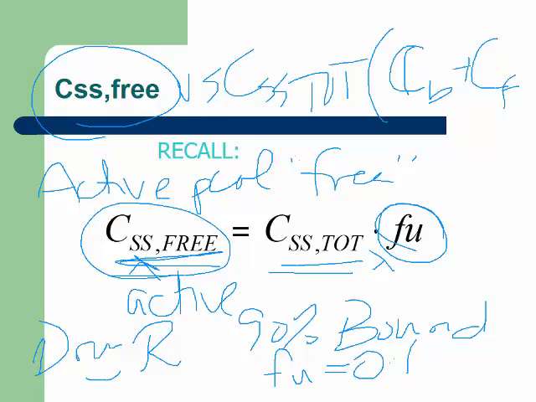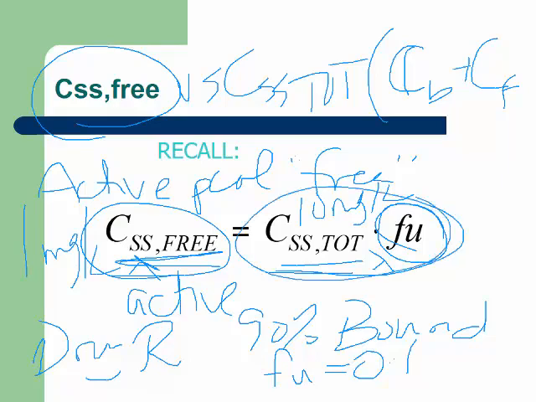So if our fraction unbound is 0.1, and you know that the total concentration is 10 milligrams per liter, what's the free concentration going to be? If you know it's 10 milligrams per liter and 10% of it is free, you know that the free concentration is 1 milligram per liter, right? What did you do? You multiplied the free fraction times the total. So I just want you to buy this equation too, that free concentration is going to be equal to our total concentration times fraction unbound. All right, we need both of those concepts.